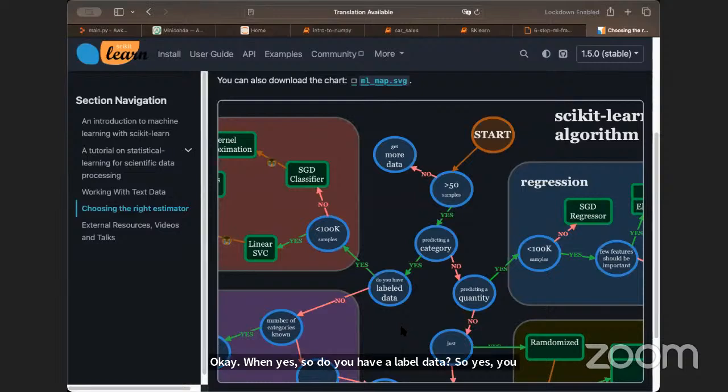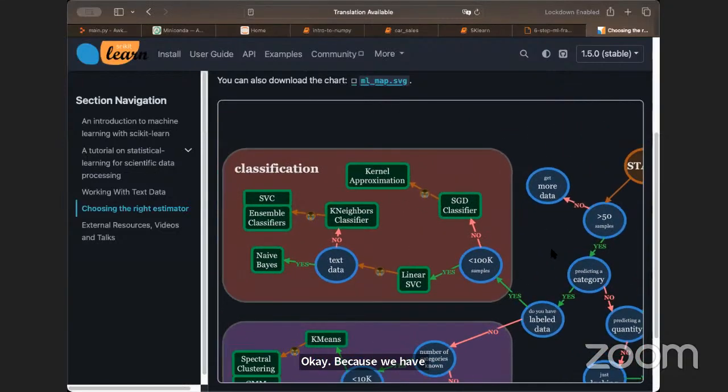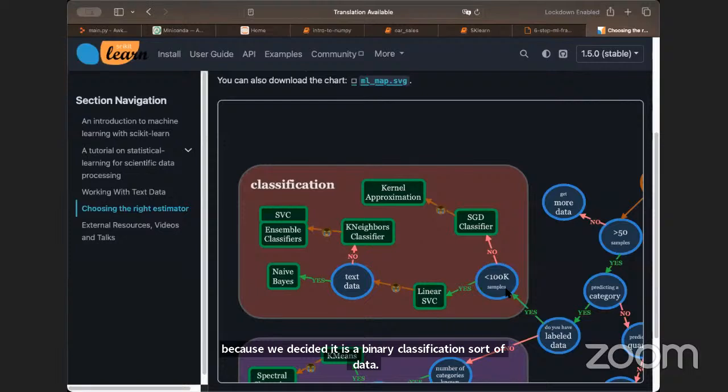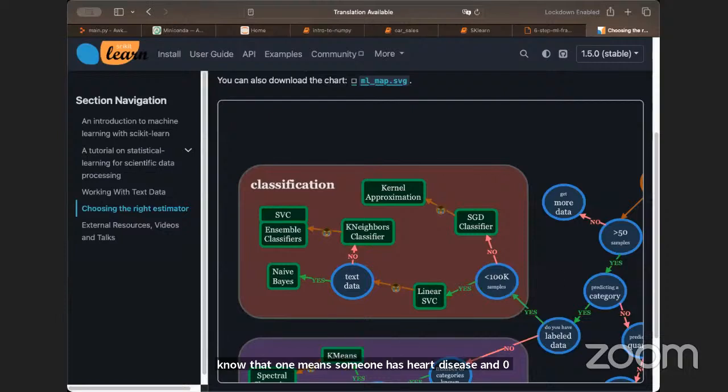Because we have a labeled target and so on and so forth. We decided it is a binary classification sort of data where we set the target 0, 1, 0, 1, right? And we know that 1 means someone has heart disease and 0 means doesn't. That is why it is labeled data. Now, if yes, do we have greater than 100K samples? No, we don't have that amount of data.